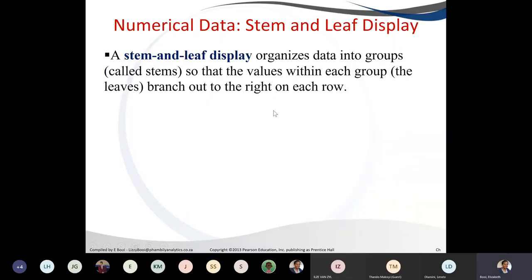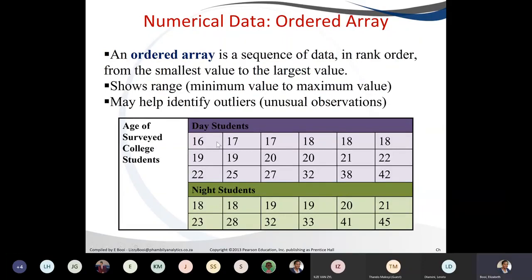Okay, so like I said, it's not always easy to check or analyze data in the table, but we can use visualization. So for numerical data, we use what we call a stem and leaf plot, which organizes the data into groups. And these groups are called the stems. So, for example, with the data that we just looked at, the first digits, which are the first numbers, we call them the stem.